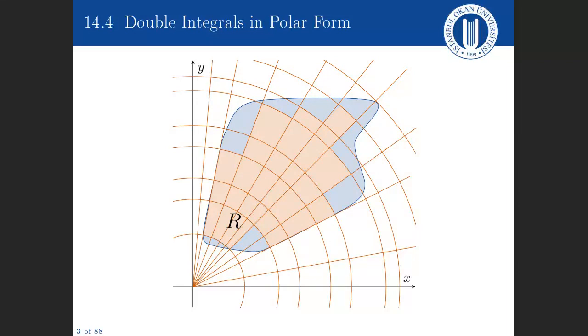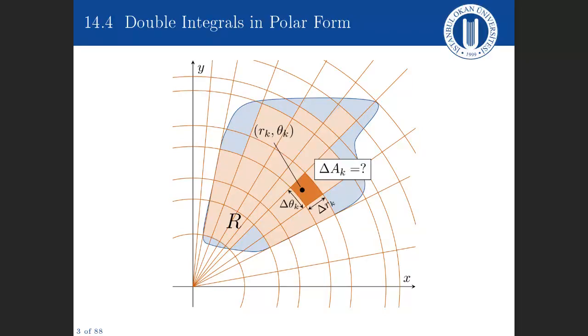We're going to calculate the volumes of each column, add them together, and that will be our double integral. But before we can do that, what is the area of one of these pieces? We have a little bit of angle, capital delta theta k, and we have a little bit of radius, capital delta rk. But what is the area of this piece?